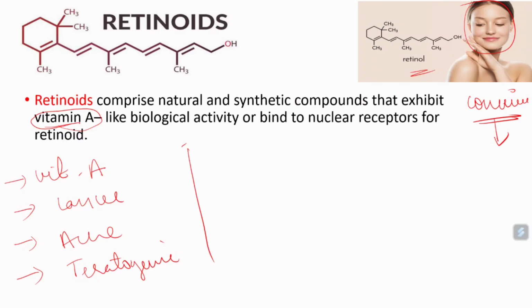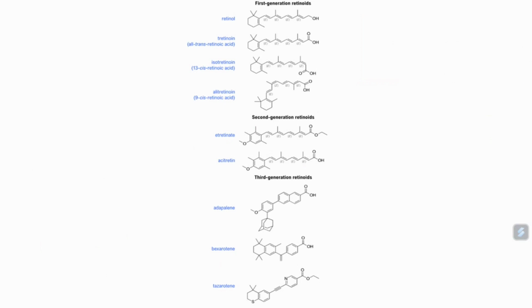Now you see, in retinoids we have so many examples. In that we have three generations. I'll try to explain the examples. See here we have first generation. You can zoom and you can see first generation retinoids. In that we have retinol. We have tretinoin, a very important drug.